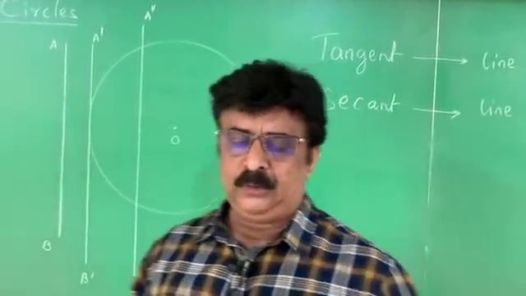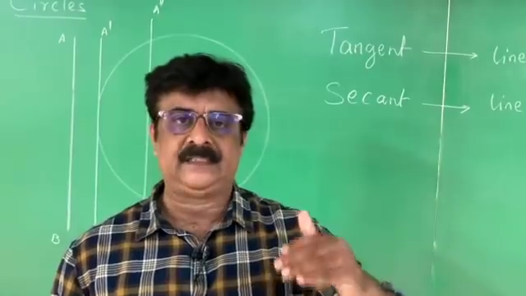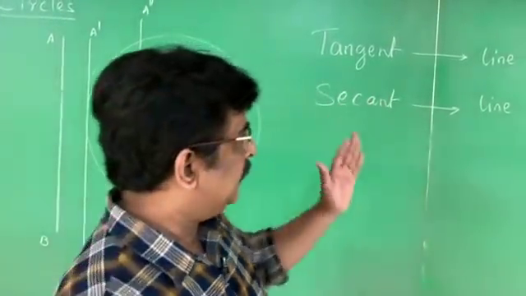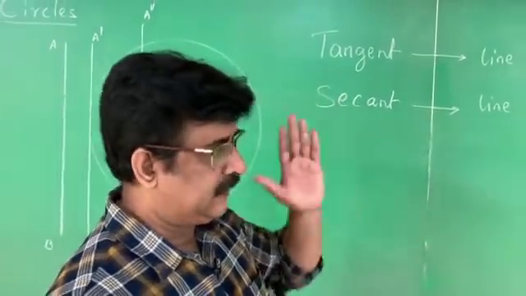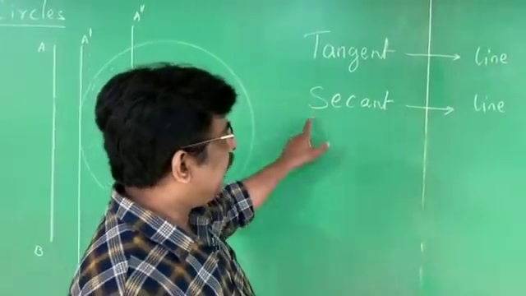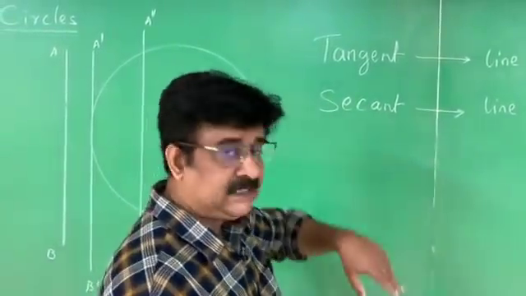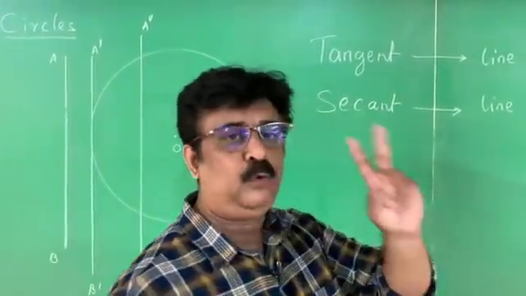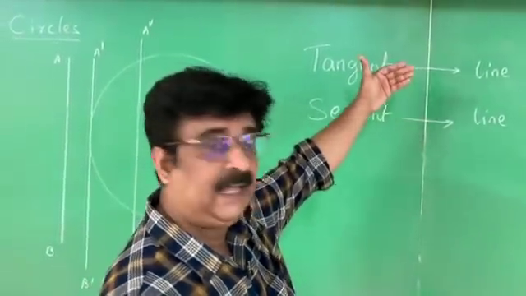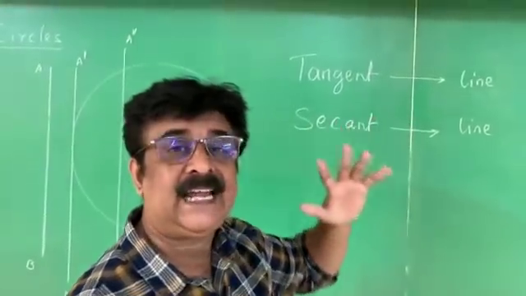It is better to write touches instead of intersects, right? Tangent is a line which touches the circle at only one point. Secant is a line which intersects the circle at two points. But both belong to a group of lines. They are not line segments.